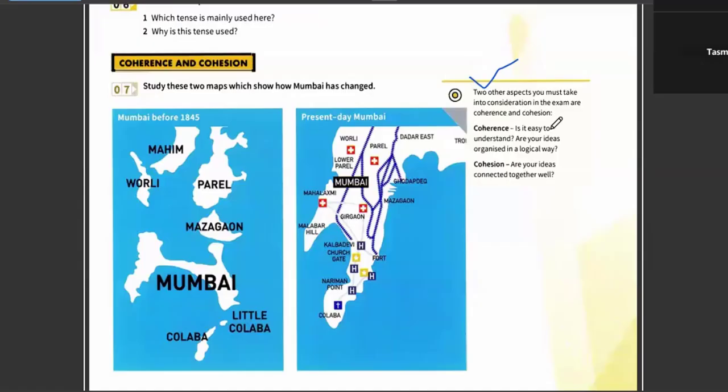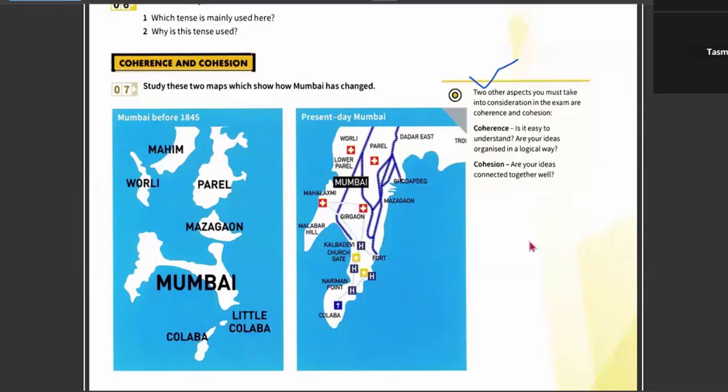Coherence: is it easy to understand? Are your ideas organized in a logical way? That is coherence. So the way you make others understand, whether it is easy to understand or not, whether the way you organized your writing is logical or not, that is coherence. And cohesion is whether the ideas and statements you're writing are all connected in a proper way or not.